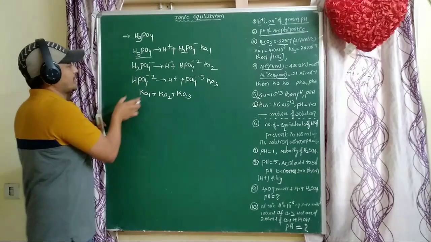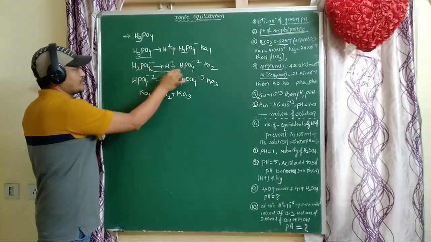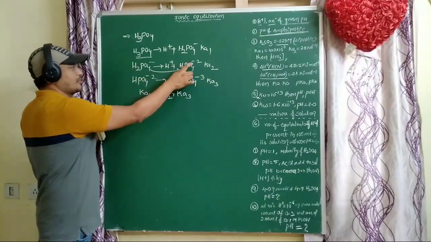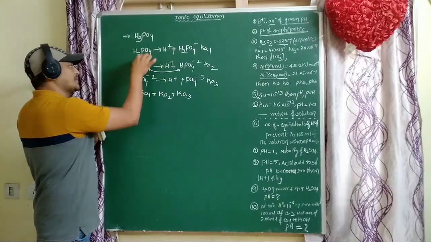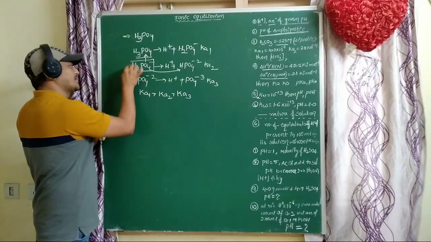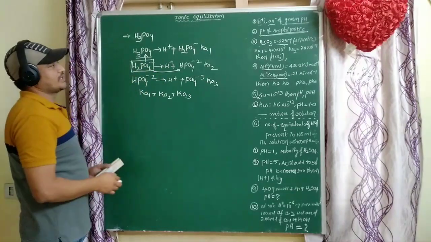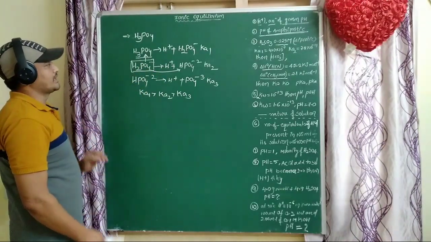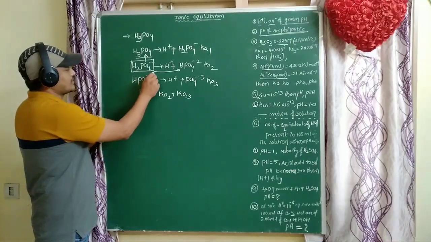Why? Because it loses the H plus, converting to HPO4 2 minus, and accepts the H plus, converting to H3PO4. So it acts as both acid and base, that's why it is called amphoteric. So this is also amphoteric.